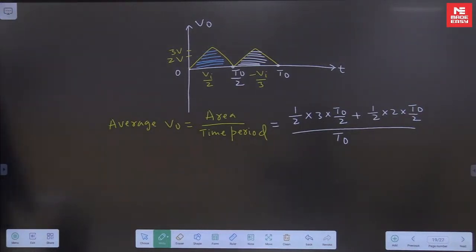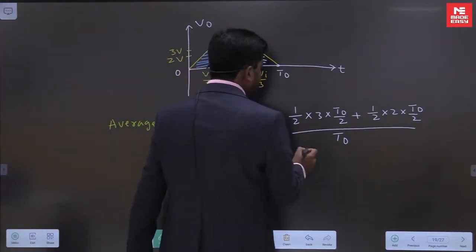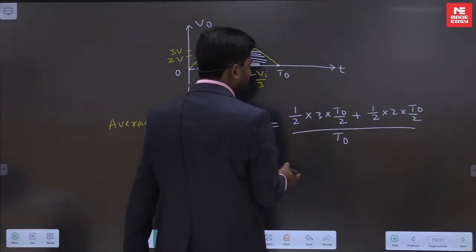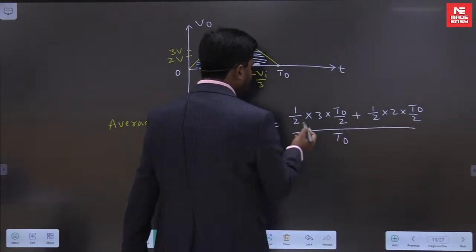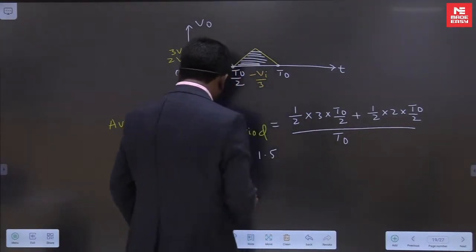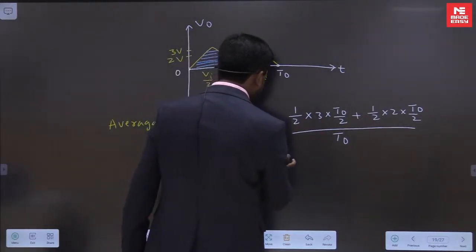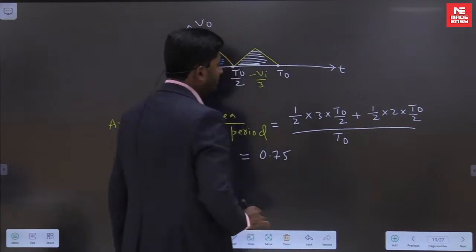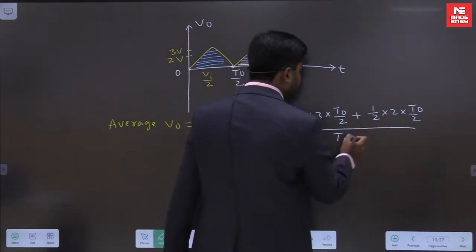Please find out this average. How much is this average? It will become, this is like 3 by 2. 3 by 2 will be how much? 3 by 2 will be 1.5. Sorry, 3 by 4 it will become. This is like 3 by 4, 0.75. 0.75 plus this is like 0.5.